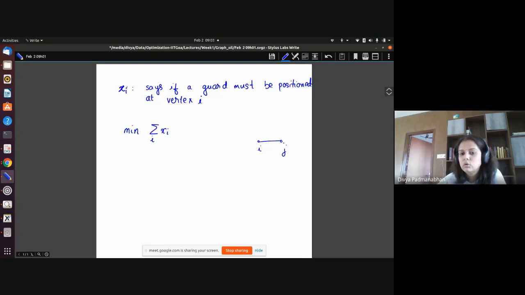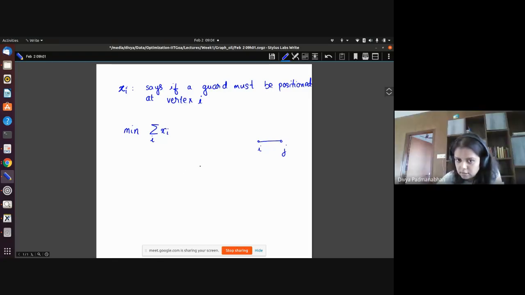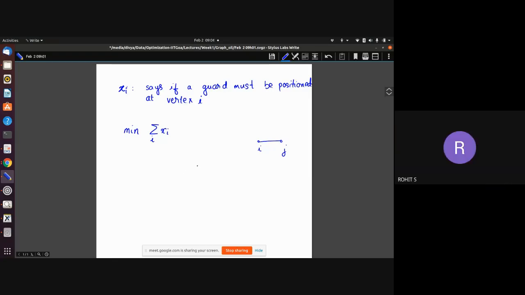So does anybody want to try, or I can tell you, but I just want to give you guys a chance if somebody wants to attempt. For all edges ij, there should be either xi or xj.